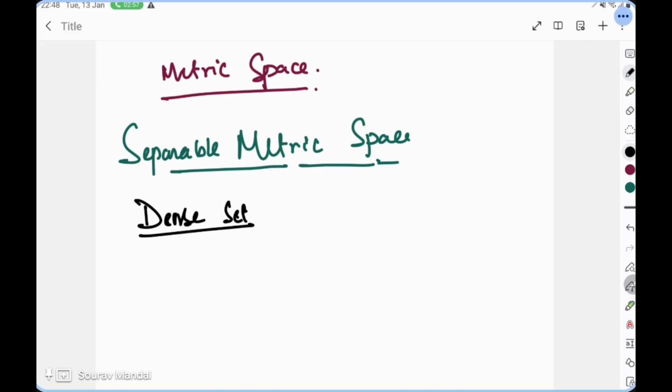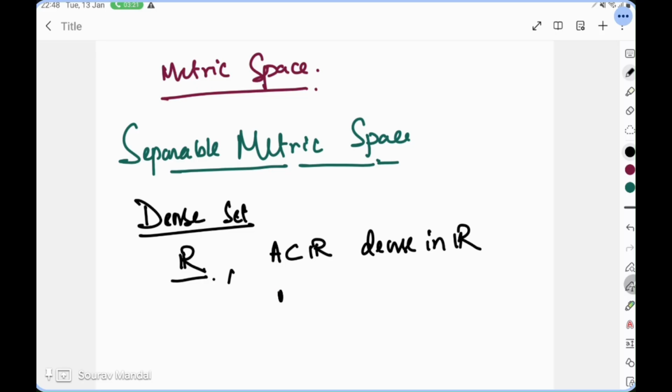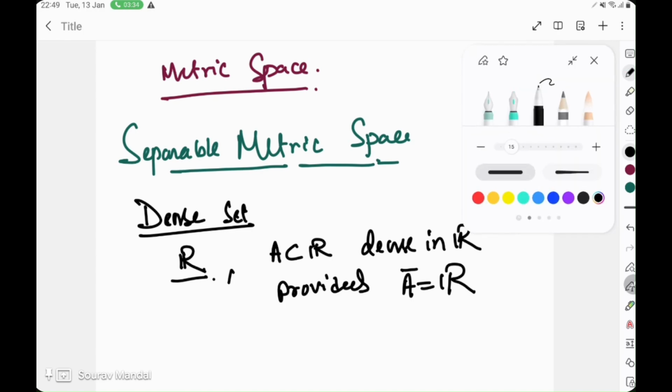What is a dense set? If we consider the set of all real numbers, then what is a dense set? Any subset of R whose closure is R. That means a subset of R that is dense in R provided its closure is R. Okay.